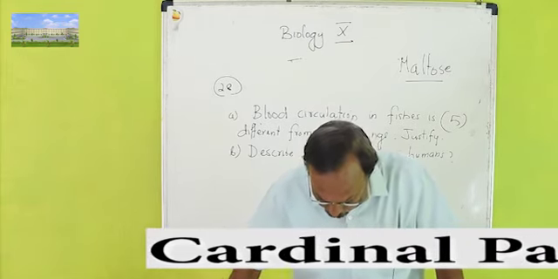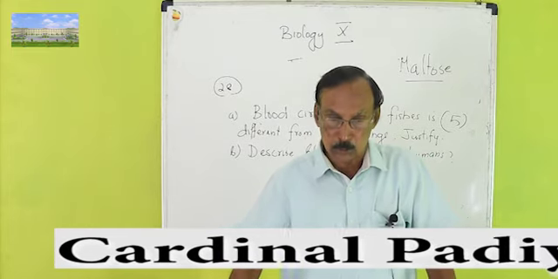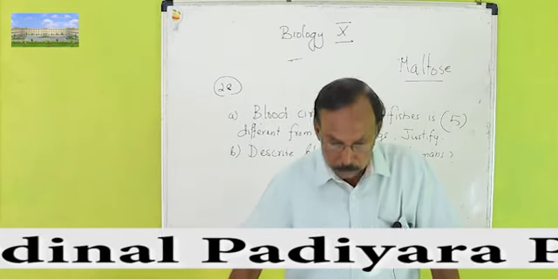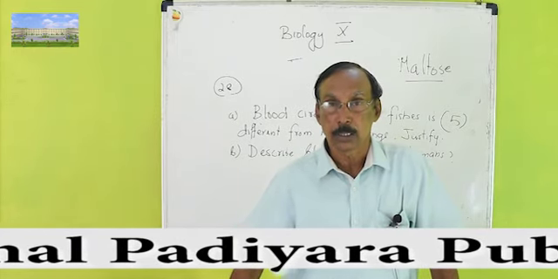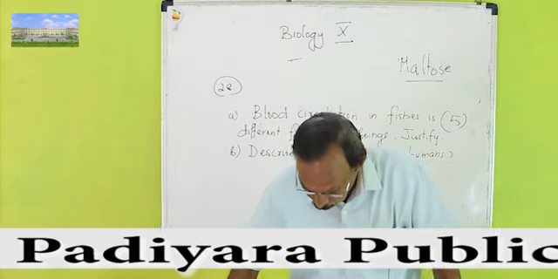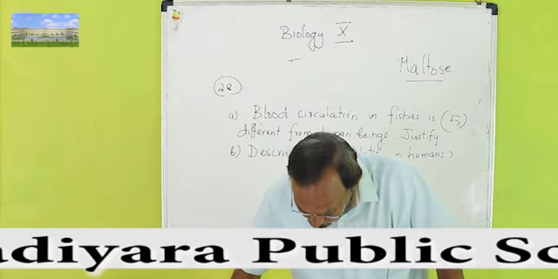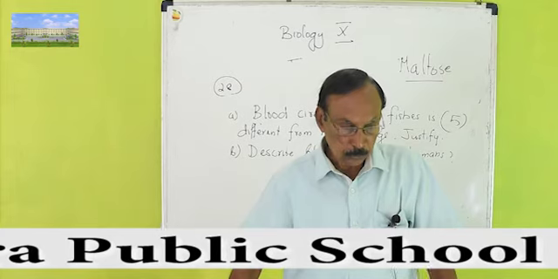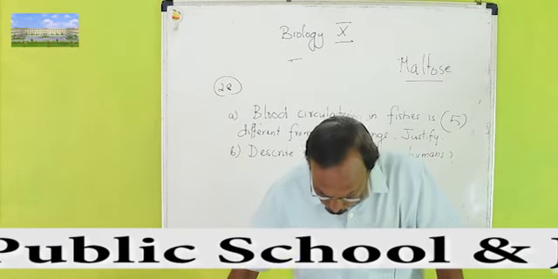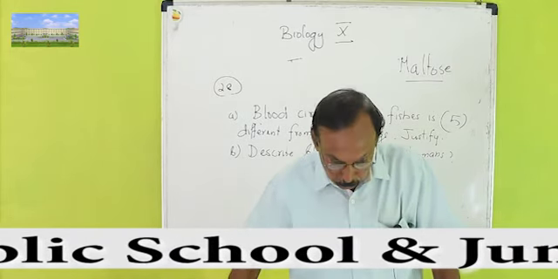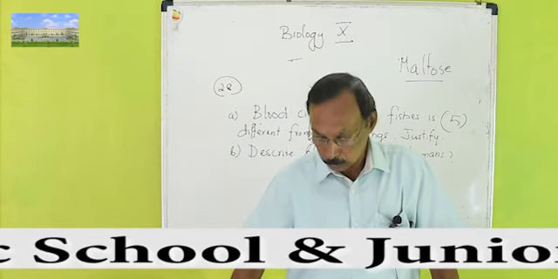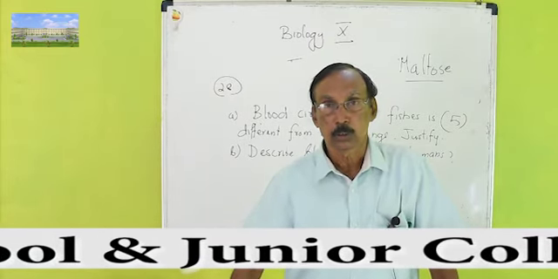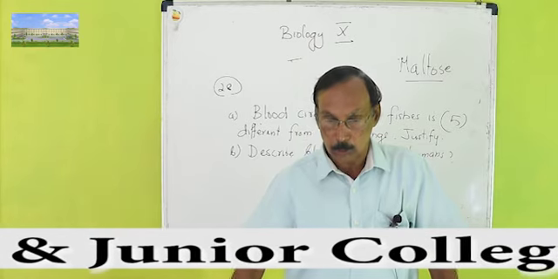The end products of aerobic respiration are carbon dioxide and water. In anaerobic respiration, you can see ethyl alcohol or lactic acid. So first difference, oxygen is used and oxygen is not used. Second one, the complete breakdown of glucose takes place, versus partial breakdown.